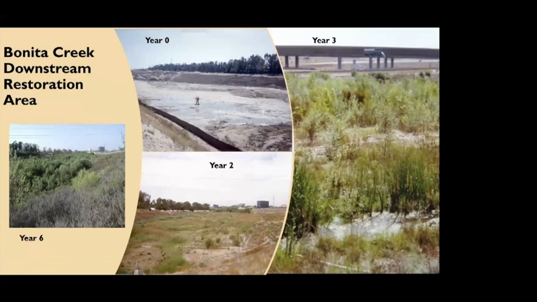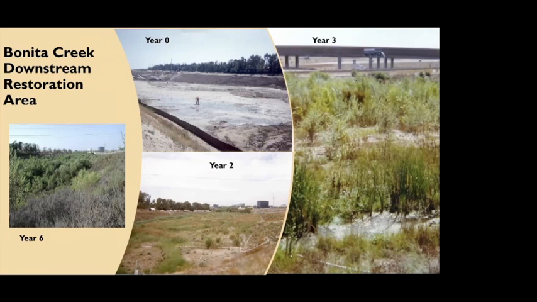This is the downstream portion, and this is where groundwater was only a few feet below. And so you see in year 0, we're planting the live cuttings. It was a wet year, and we had to put our planters on styrofoam blocks to be able to walk out and get these in the ground.